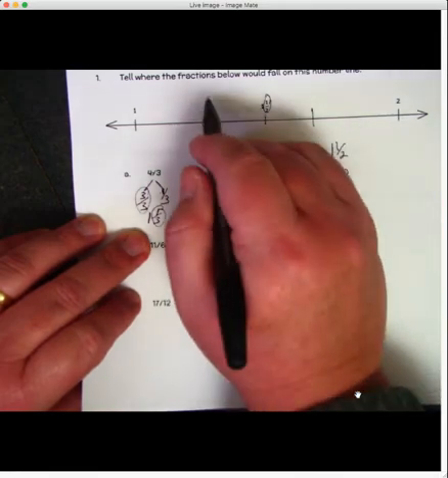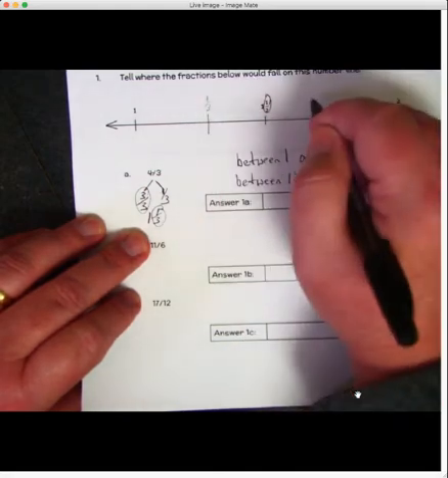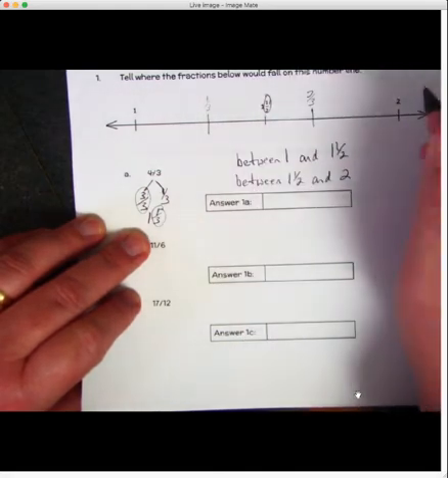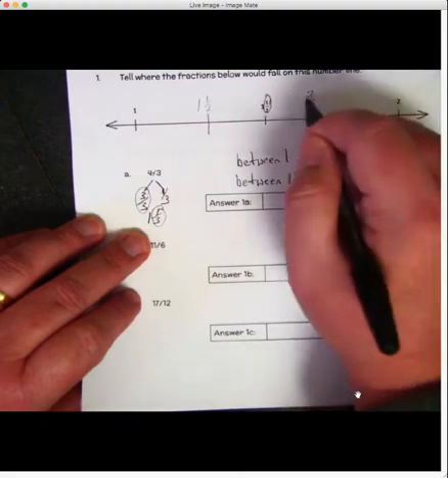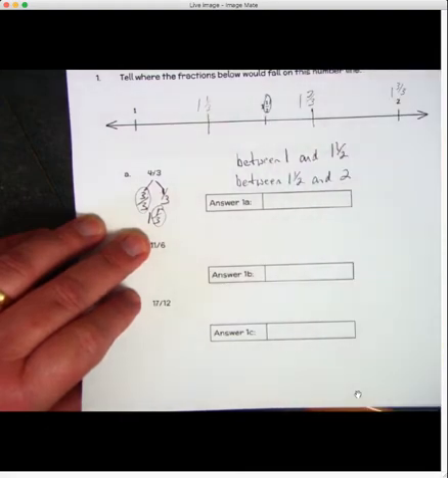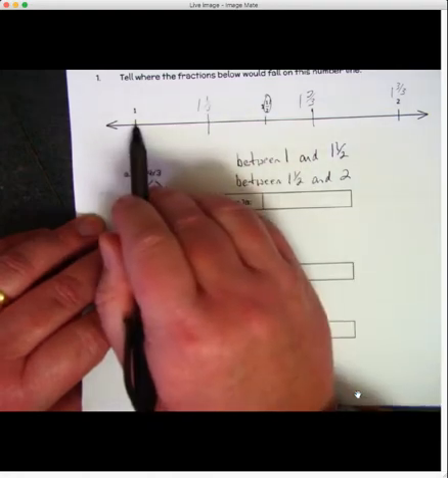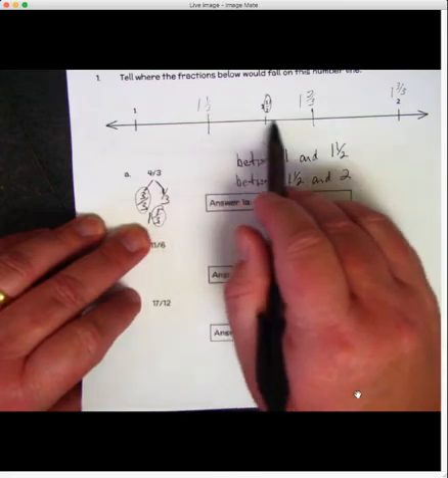So 1/3 is going to fall over here on this number line. And this would be 2/3. And this would be, really, it's 1 and 1/3, 1 and 2/3. And this would be 1 and 3/3. Okay? So 1 and 1/3 comes between what? It comes between 1 and 1 and 1/2.